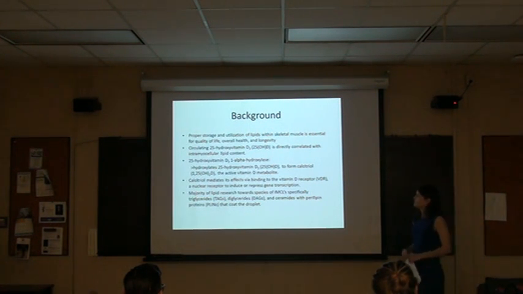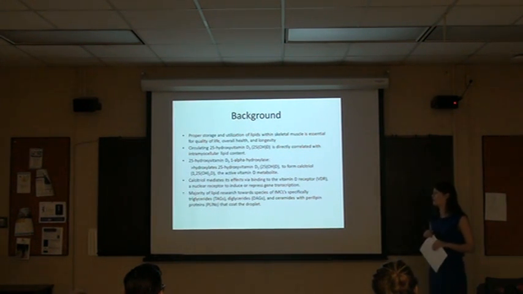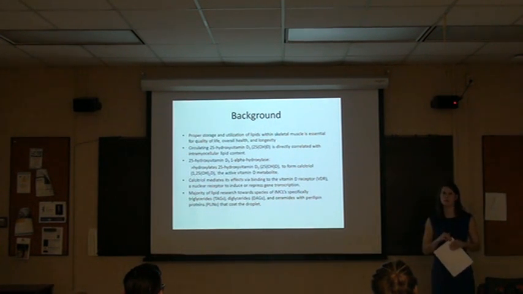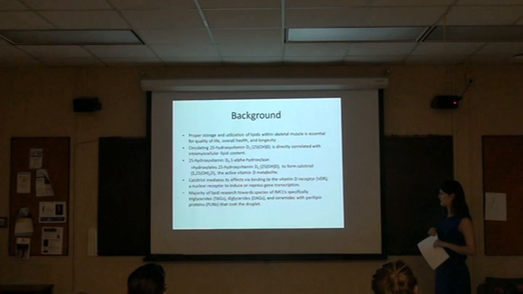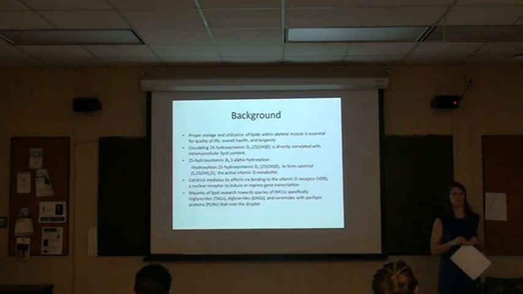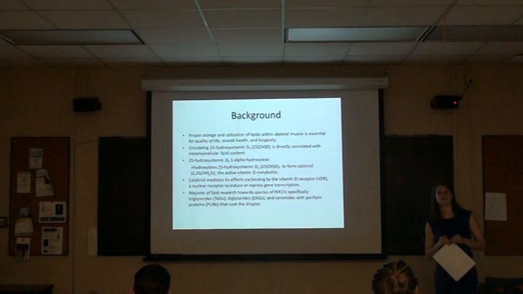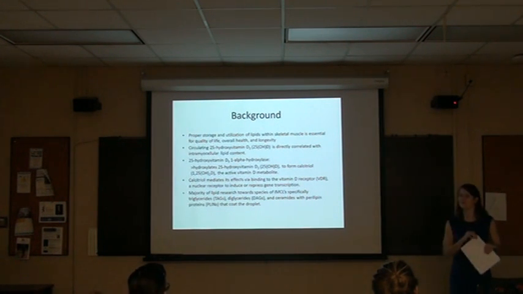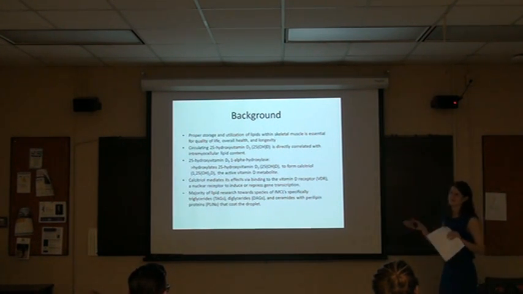A majority of the lipid research on that side of my thesis has been looking at TAGs and DAGs, other lipid forms, and ceramides, along with perilipin proteins, which coat the lipid droplet. So when I refer to perilipins, TAGs, and DAGs, that's what I'm talking about.